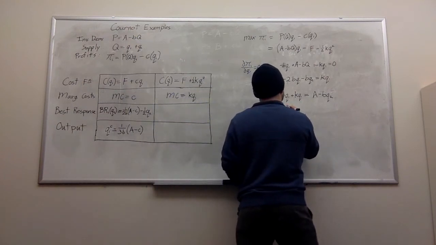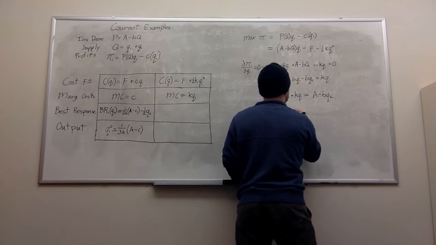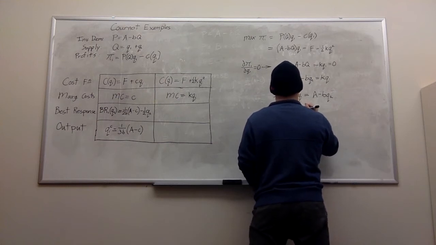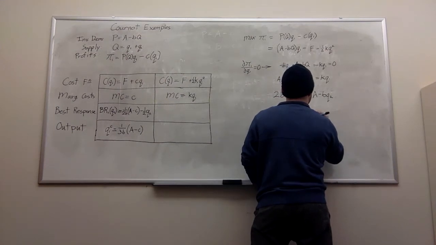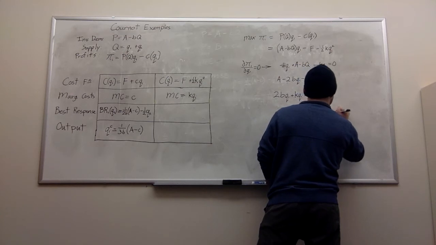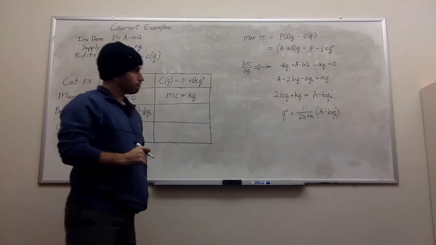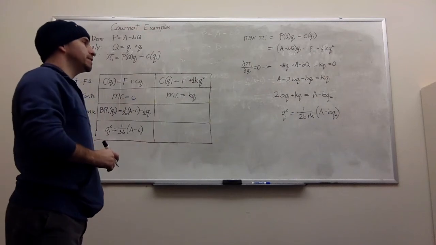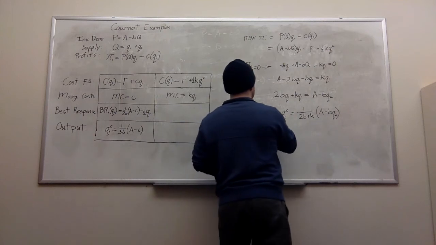We get q1c is going to be equal to 1 over 2b plus k times a minus b q2. However, at this point, we're gonna keep it simple, right? This is our best response function.